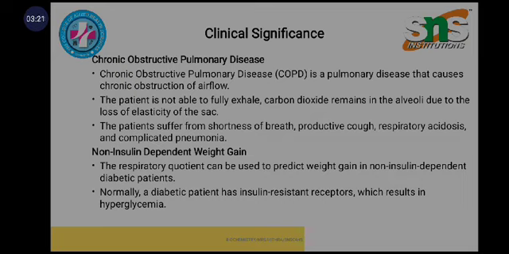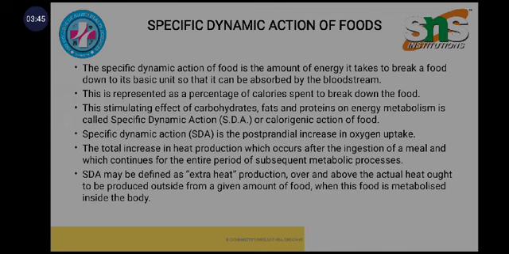Patients suffer from shortness of breath, productive cough, respiratory acidosis, and complicated pneumonia. Second, non-insulin dependent weight gain is used to predict weight gain in non-insulin patients. Diabetic patients have insulin resistant receptors, which further results in hyperglycemia.